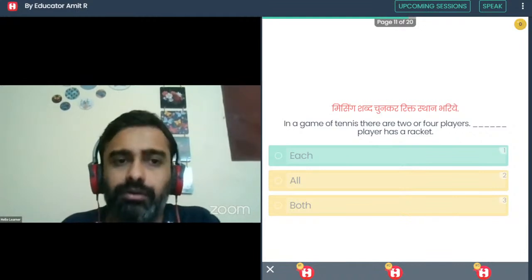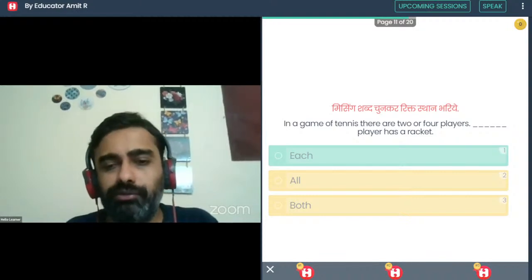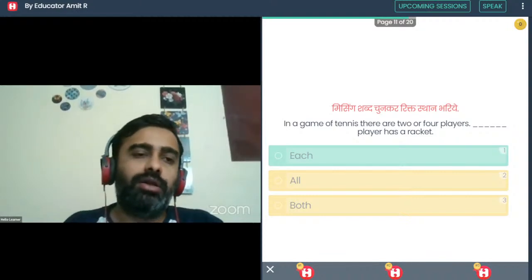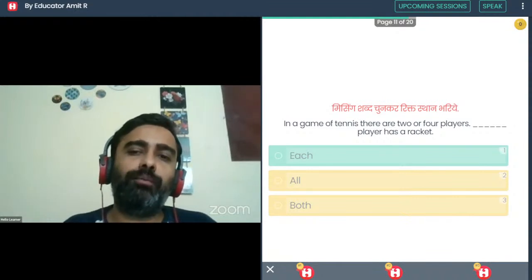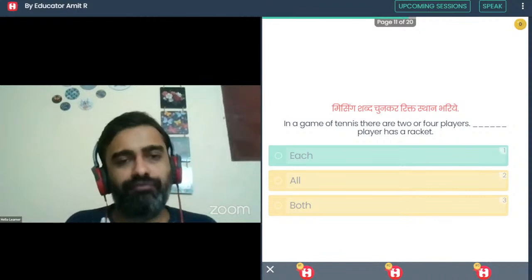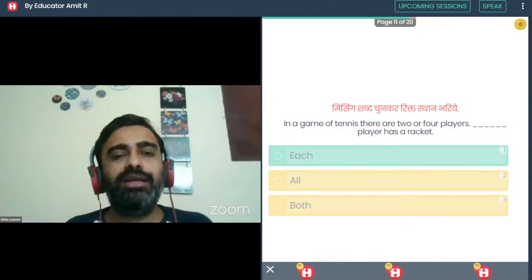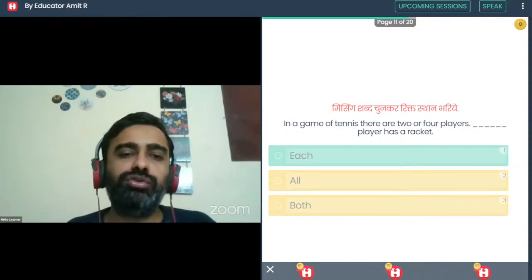So in a doubles match we can't use both. Both can be used only if there are two players involved. Here the example is given: in a game of tennis, there are two or four players. Then you will have to consider two as well as four. So if your next statement was about every player having a racket, each player has a racket, then if you want to use all, you'll need to use the plural noun here.